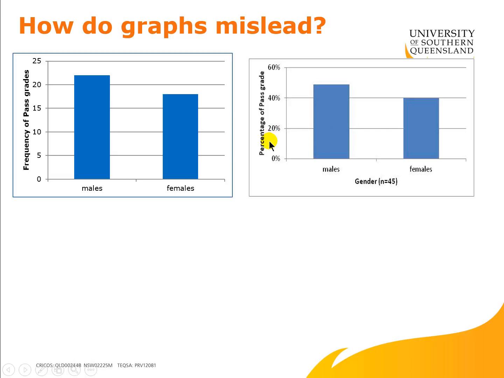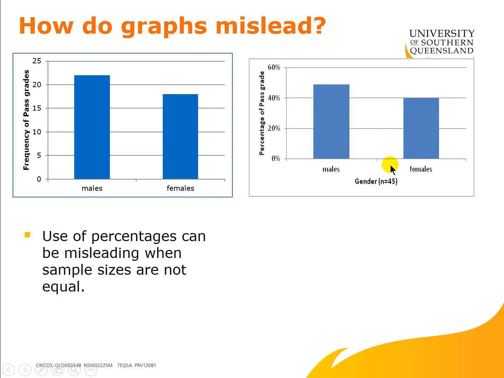If I was to plot the percentages here, you need to be really clear about what your sample size is, what you're calculating that percentage on. So here I have calculated the percentage of males out of the total number of students, 45. That's not the number of students who passed, that's the total number of students who sat the test. So it's the percentage of males out of the total and the percentage of females out of the total.